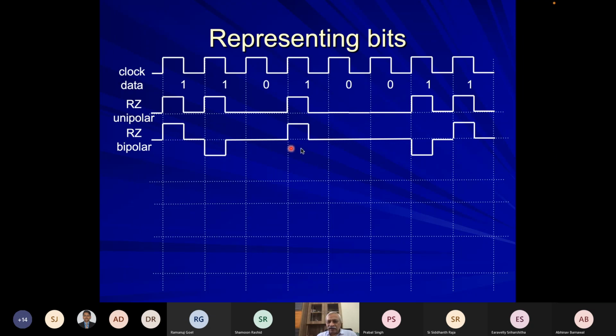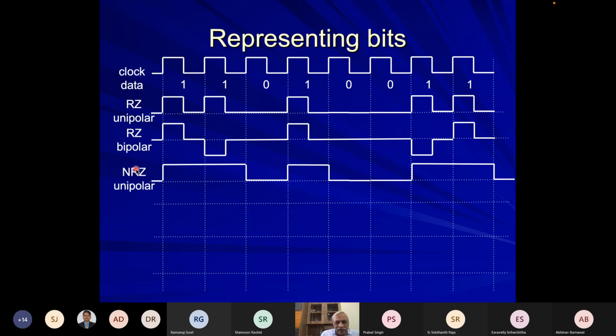The reason such a thing is adopted is that if you look at the average voltage level, it will turn out to be 0. Even if ones and zeros are not matched, half the ones will have a positive pulse and half the ones will have a negative pulse, so on the whole it will average out to a 0 mean level.